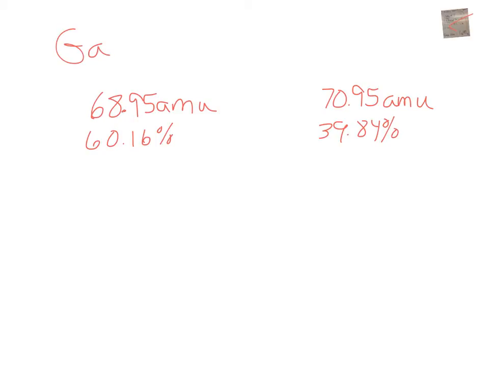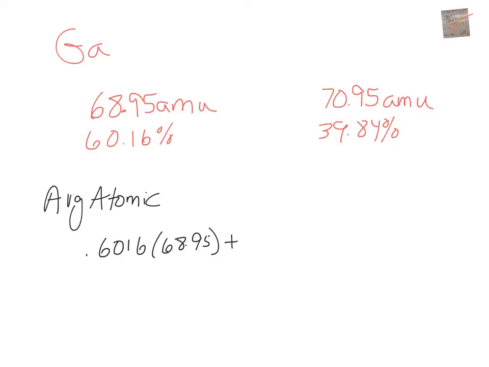But because it's not equally divided, you have to get what's called the weighted average, which is how you find the average atomic mass. So the average atomic mass is going to be the percent, so 0.6016 times 68.95, plus the percent, 0.3984 times 70.95.